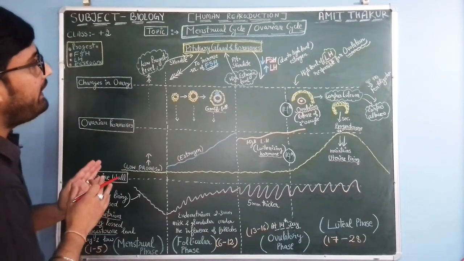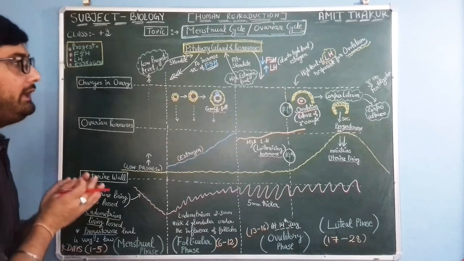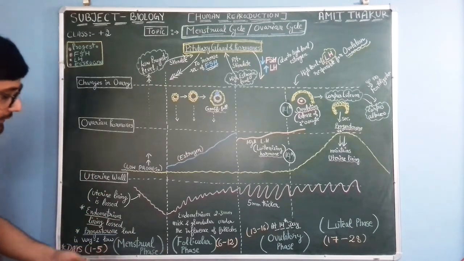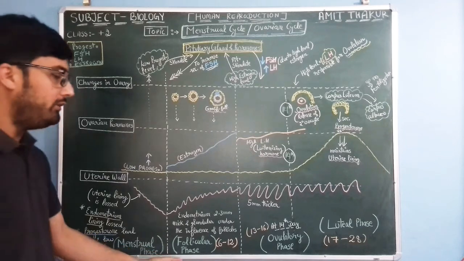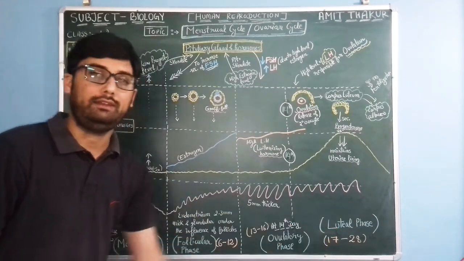To understand this menstrual or ovarian cycle, you need to know about four different phases: the menstrual phase, follicular phase, ovulatory phase, and luteal phase.